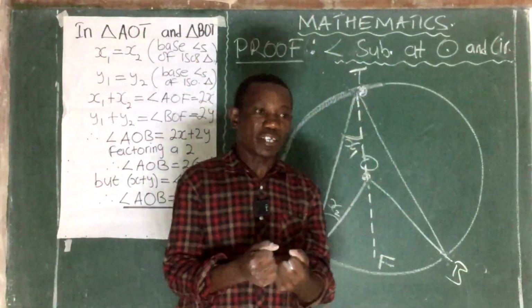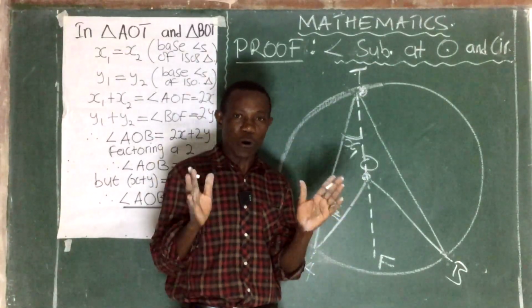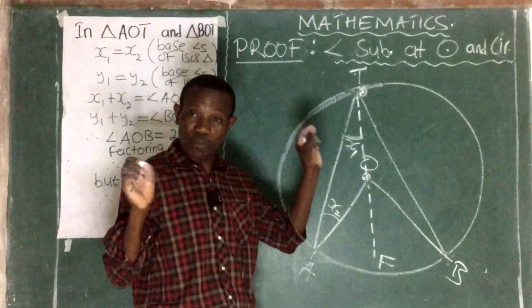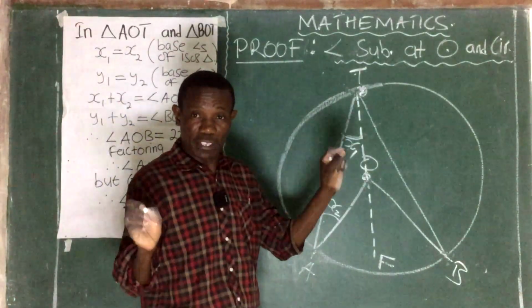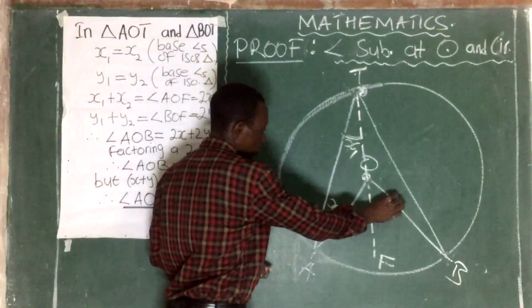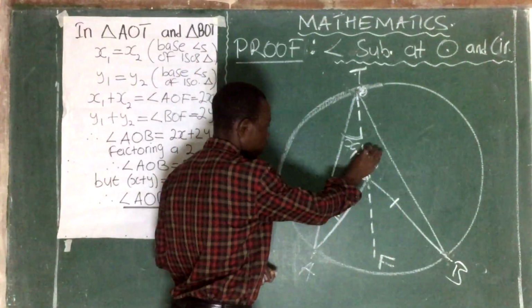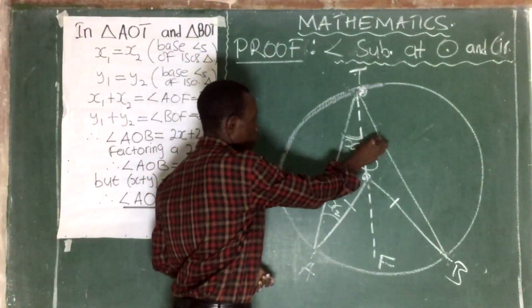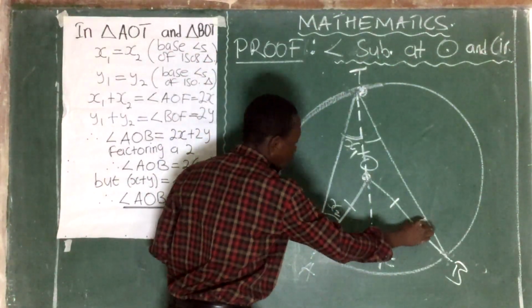We understand that radii will always be equal. They are all lines coming from the same point, the center, and heading toward the circumference of the circle. So those must be equal. So this side here is equal to that one, and we also expect this angle to be equal to that other angle.